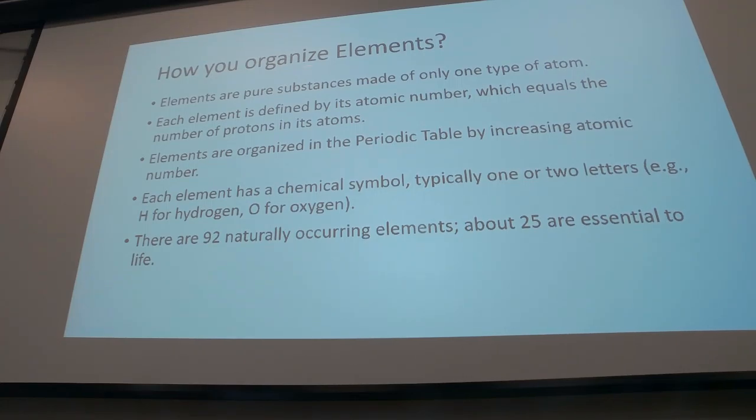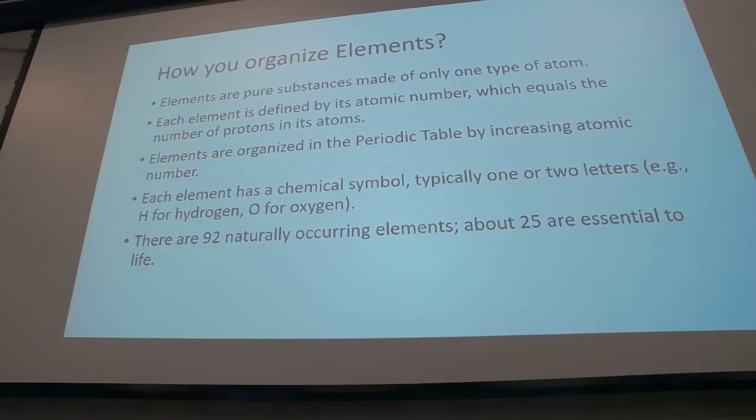So how do you organize the elements? Well, each element is defined by an atomic number, which is equal to the number of protons in its atoms. So the elements are organized in the periodic table by increasing atomic number. So here is the atomic number of each of these. If you look at carbon, it is number 6.